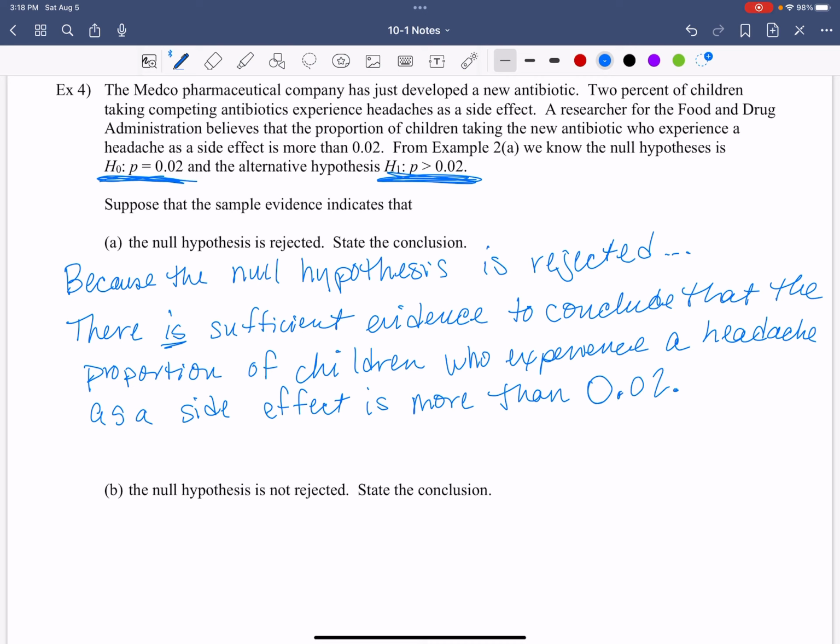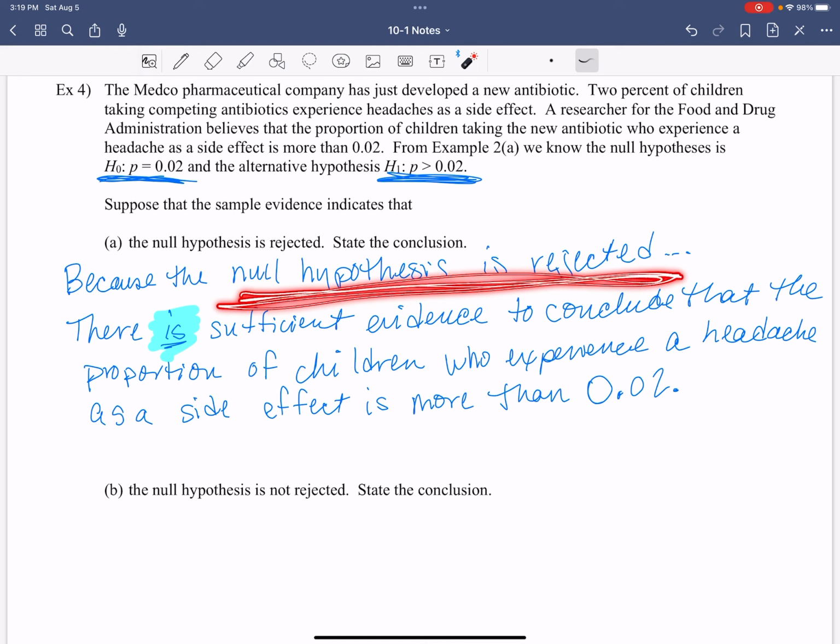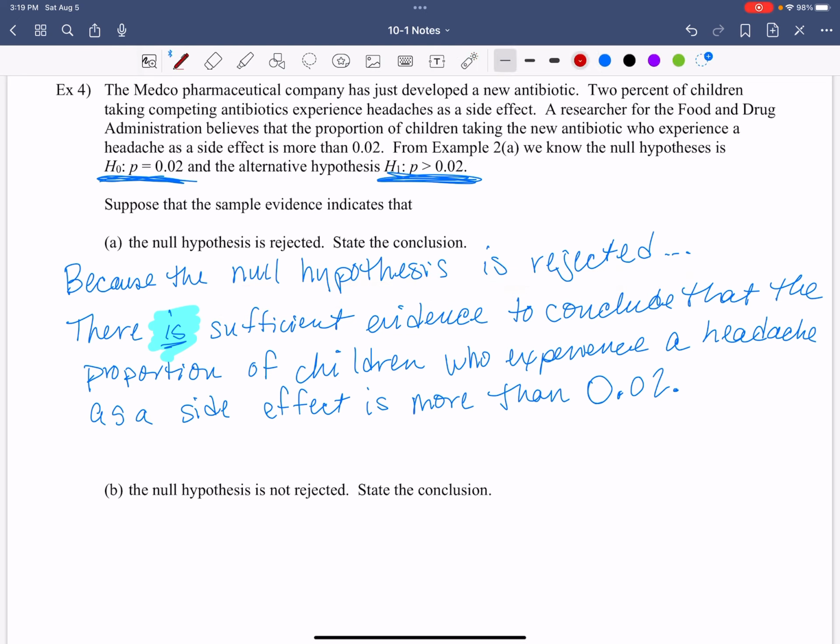Okay, now look at what's happening here. There is sufficient evidence to conclude that the proportion, and that's why, because we say proportion, we make this a decimal, of children who experience a headache as a side effect is more than 2%. My null hypothesis is rejected. Here's how I like to say this. If this null hypothesis is rejected, then we are going to change our minds.